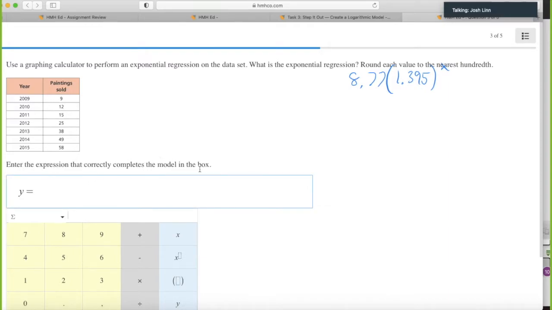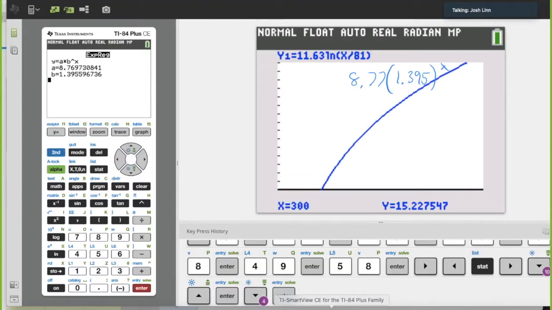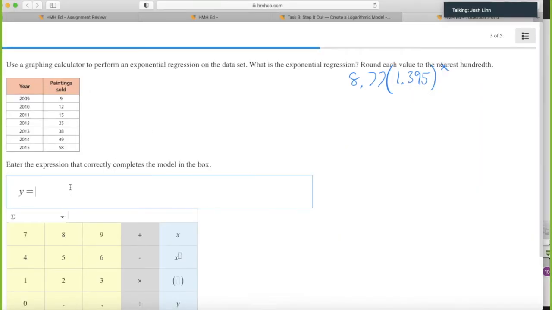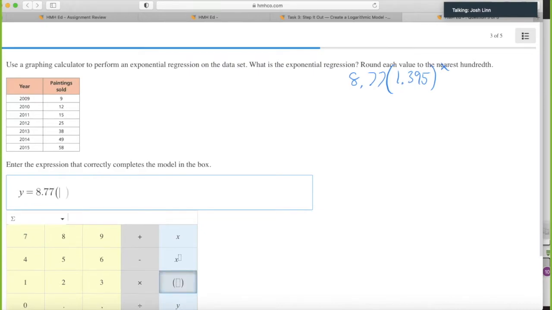Enter the expression that correctly completes the model in the box. Round each value to the nearest hundredth. Well, I'm glad I wrote those down. I'm going to check my 8.77 real quick. Yeah, okay, I did round that correctly. And so here we go. Enter the expression in the box. 8.77, 1.40. So we're rounding to the nearest hundredth.